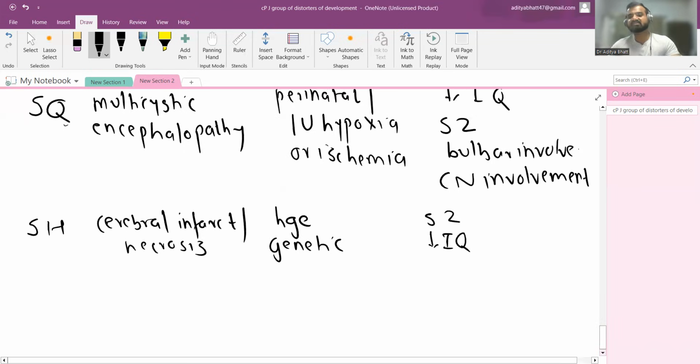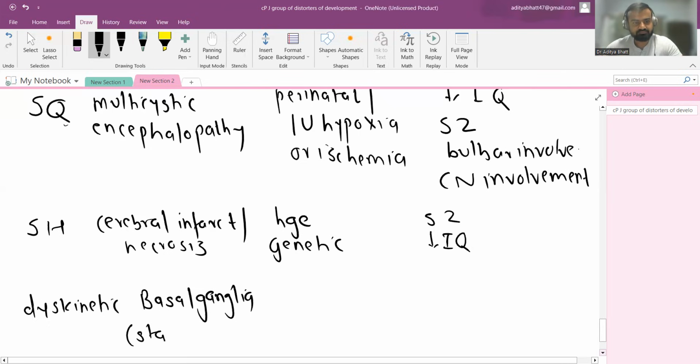In spastic hemiplegic CP, there is some degree of learning abnormality. Though the IQ might not be severely decreased as in spastic quadriplegic, there is some amount of intellectual deficit present in all patients. Now the next one is dyskinetic. In dyskinetic, as you know, there is basal ganglia involvement, and it is known as status marmoratus.